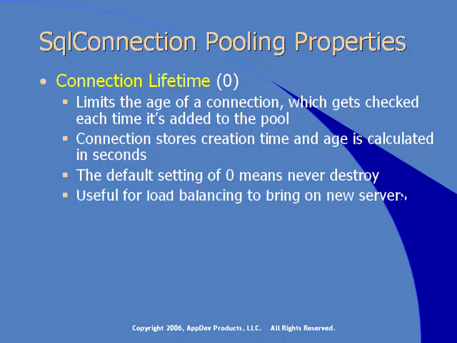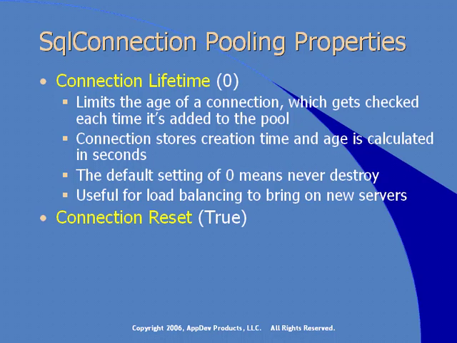And this is especially useful for load balancing. By limiting this, you can say we want to let all of the old connections die out because, for example, we're going to be bringing on a new server in our load balancing set, in our farm of servers, and we want to be sure that it gets used. So we want to be sure to spread the load instead of just reusing all the old connections.